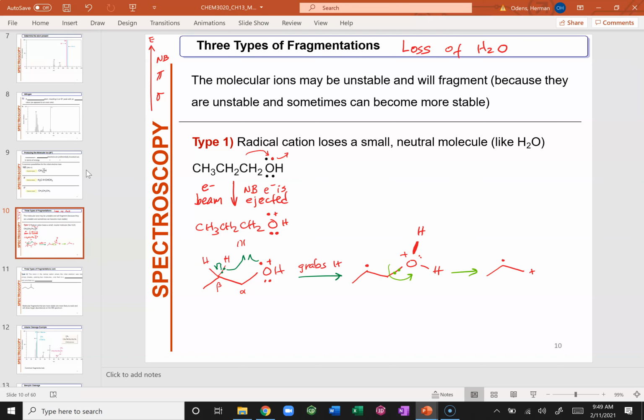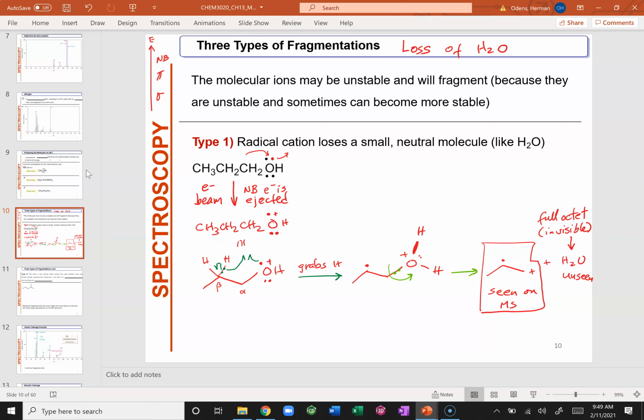And so this plus water, this will be seen on the mass spec. This is unseen because it has a full octet, so it will be invisible.